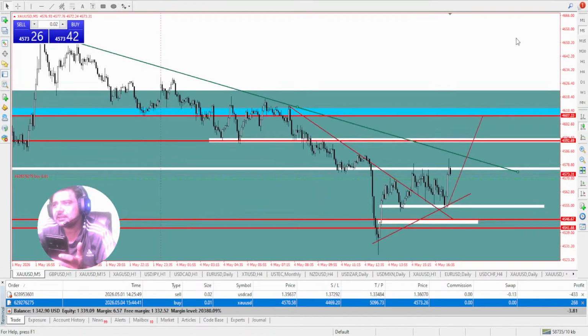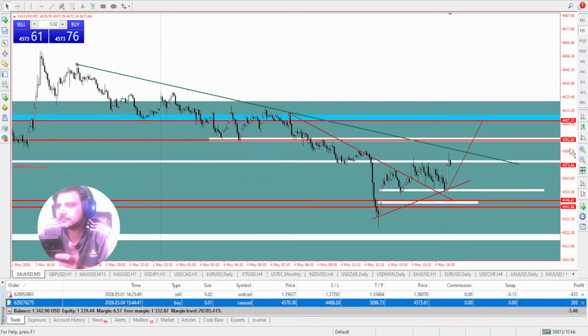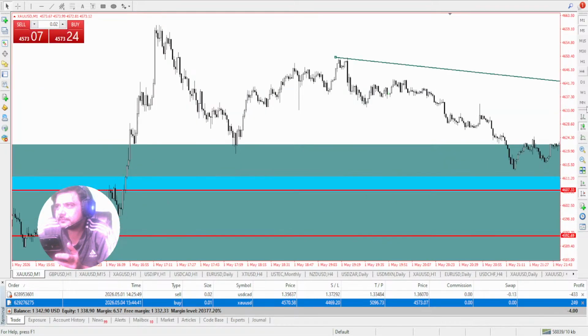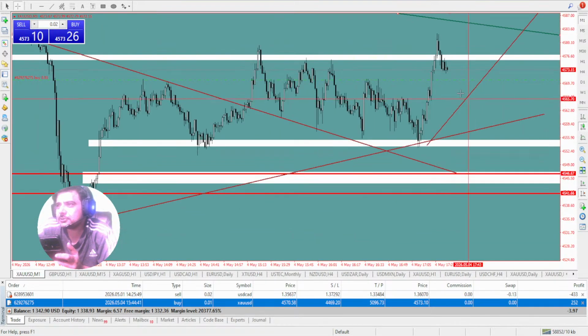As I said, the market will be like this. Okay. Or I should close this deal and enter from a good price later, maybe from right here.